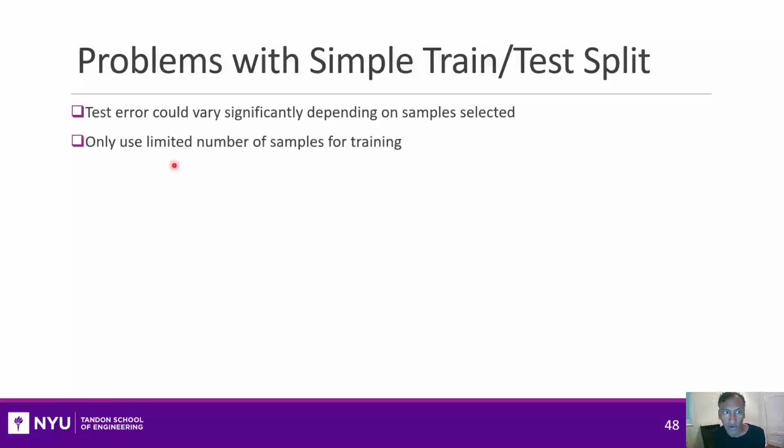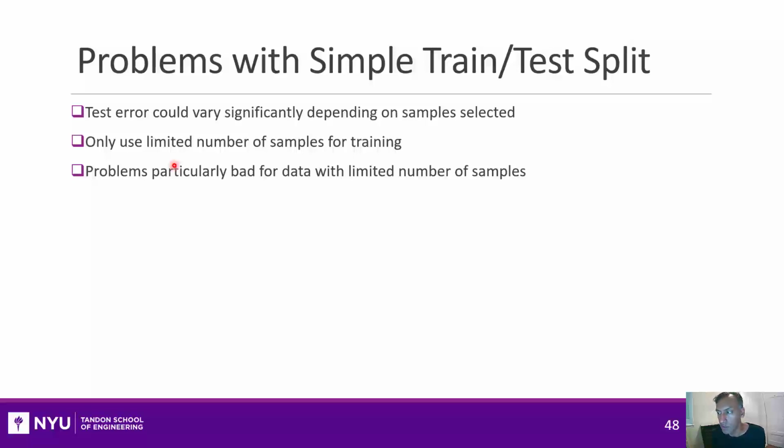And the second point is that when you have a very limited amount of data, you're restricting the number of samples that you can use for training. And as we saw earlier, that will increase the variance error in the training. And so both of these problems are particularly bad whenever you have a limited number of samples.